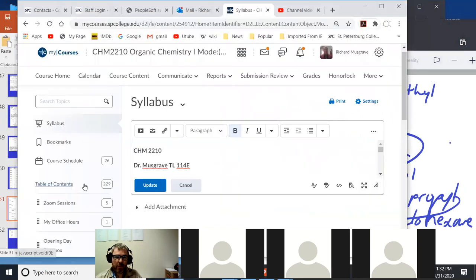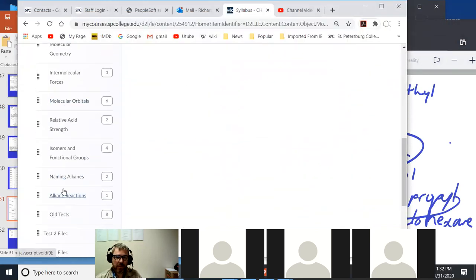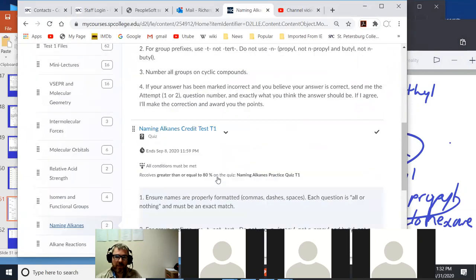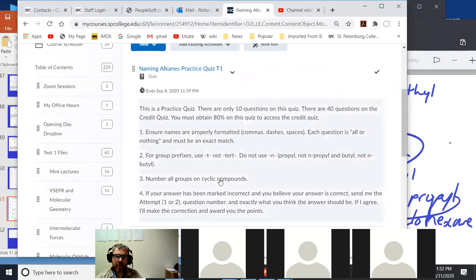Let me show you the naming alkanes here. I have this fun quiz, and there are 10 questions on the regular quiz. There's 40 questions on the credit quiz. This is extra credit though. You don't have to actually do this, but it's good practice, I think.